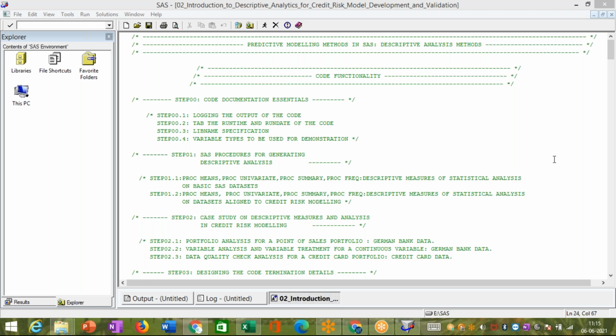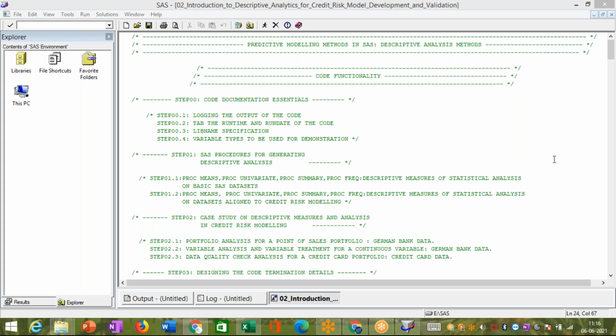How do I look into the variable trends? How do I assess the trends? How can I form an insight about the variable from a specific descriptive analysis measure? These are the things that we will be talking about in this particular exercise, right?